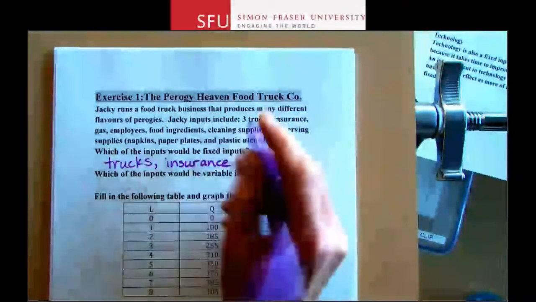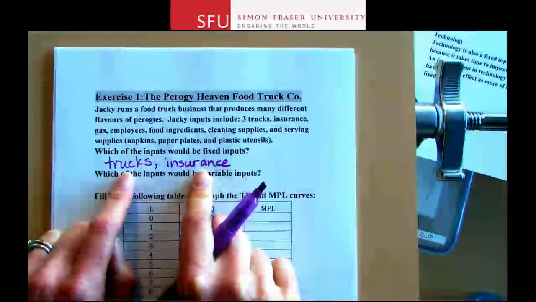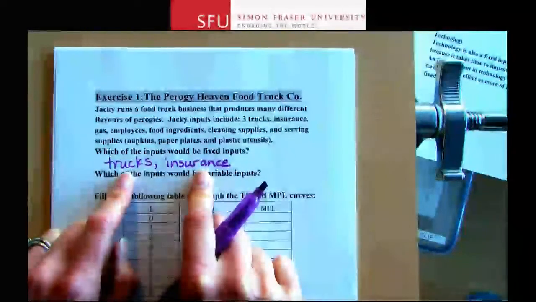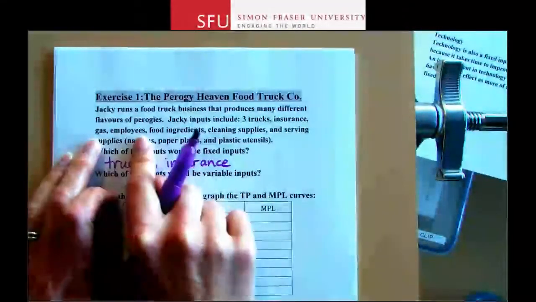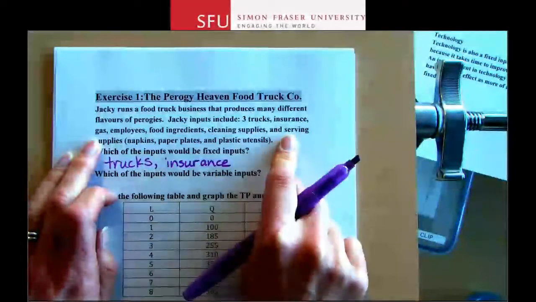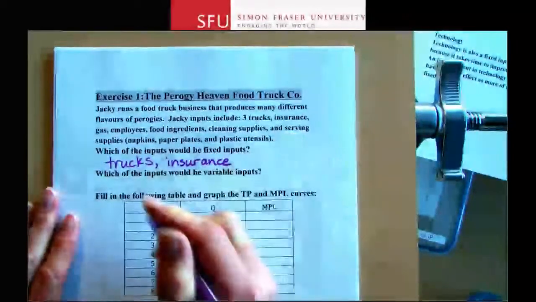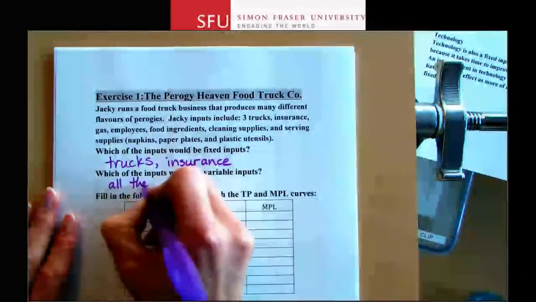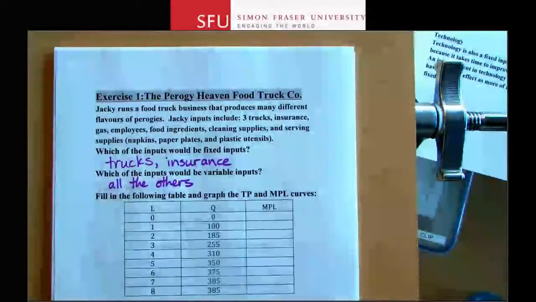These are things that he would have to pay for whether or not he's actually using the trucks. But if he's actually using the trucks and driving them around and making pierogies, then he's going to have to use all of these other inputs. So all of these other ones would be variable. I'll just put all the others, there's too many to list out.